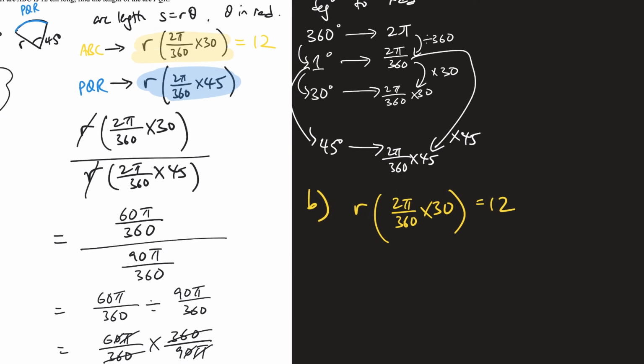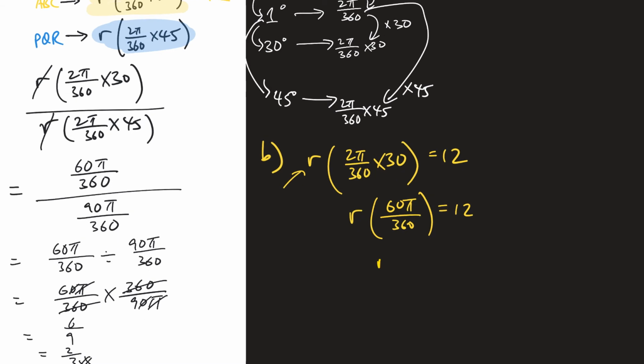And what this allows me to do is solve for R, right? So I just write down the relationship they gave me first here, and then I say, okay, what can I do? Oh, I can solve for R. So R multiplied by 60 pi once again equals to 12.